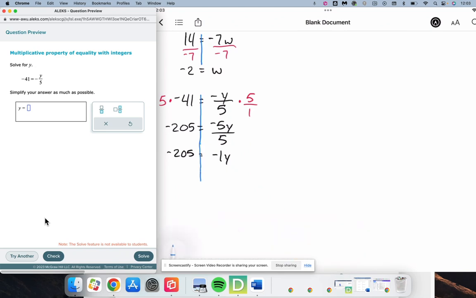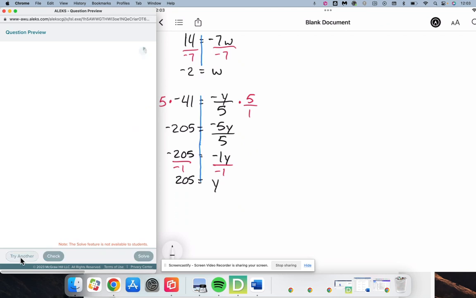So what we need to do in this instance is divide both sides by negative 1. Which is going to give us 205 on the left. And just negative 1 divided by negative 1 is 1. So that's going to give us 1y. Again, they do not cancel. They create 1, which gives us the answer y equals 205.